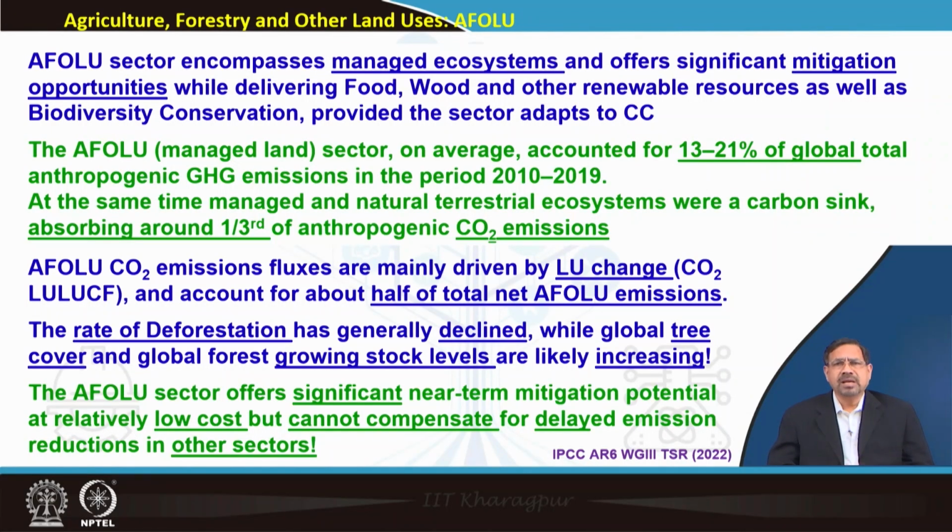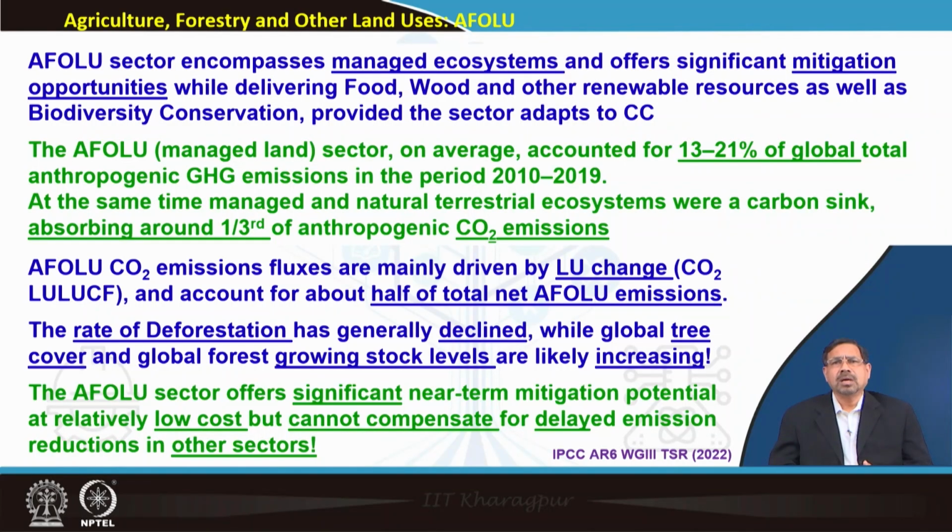So, the salient features are the important points we will discuss one by one. The first one is, if we manage, the AFOLU sector, it encompasses managed ecosystems. It talks about ecosystem management, and it offers significant opportunities while delivering food, wood and other renewable sources, as well as biodiversity conservation.